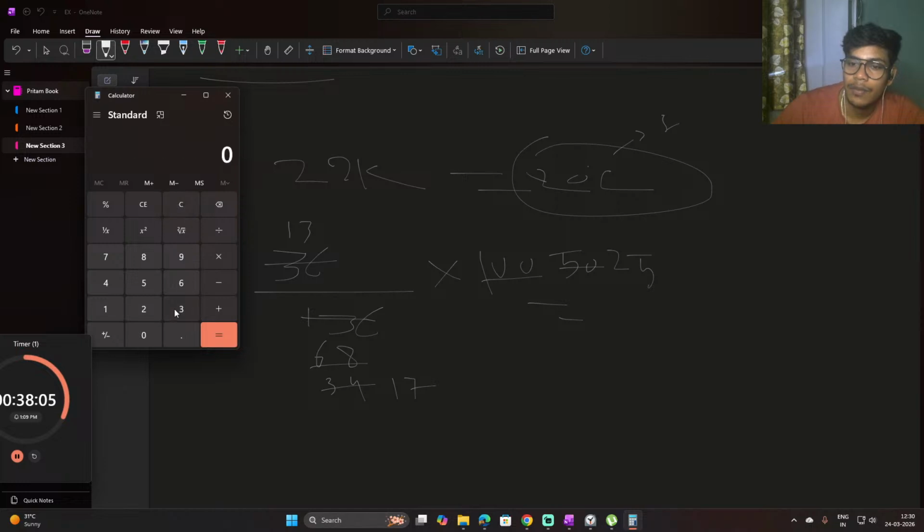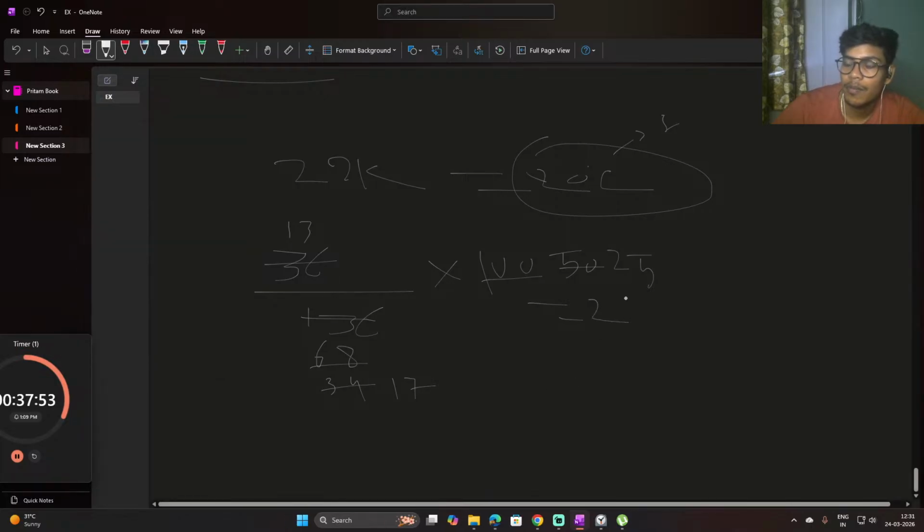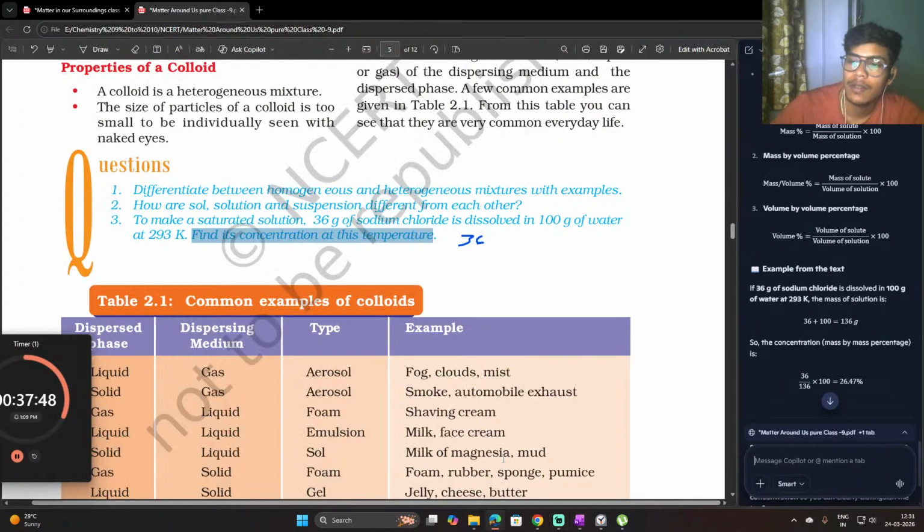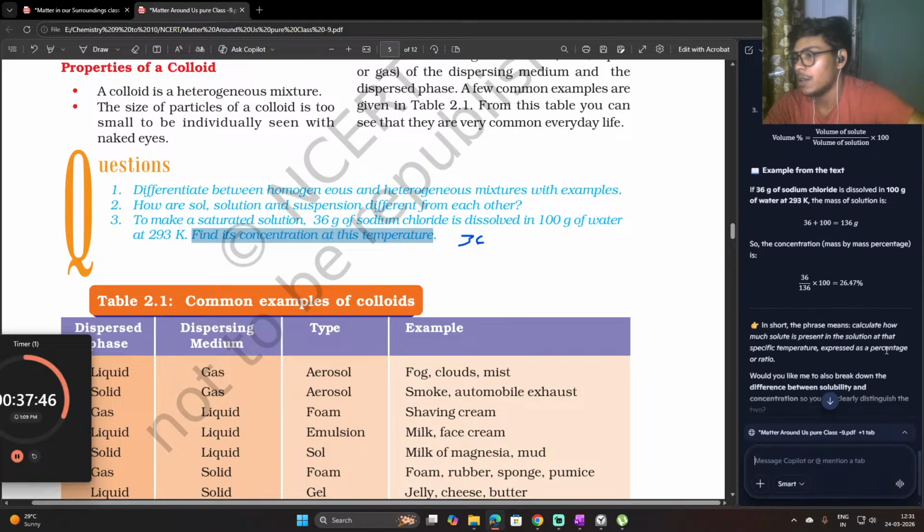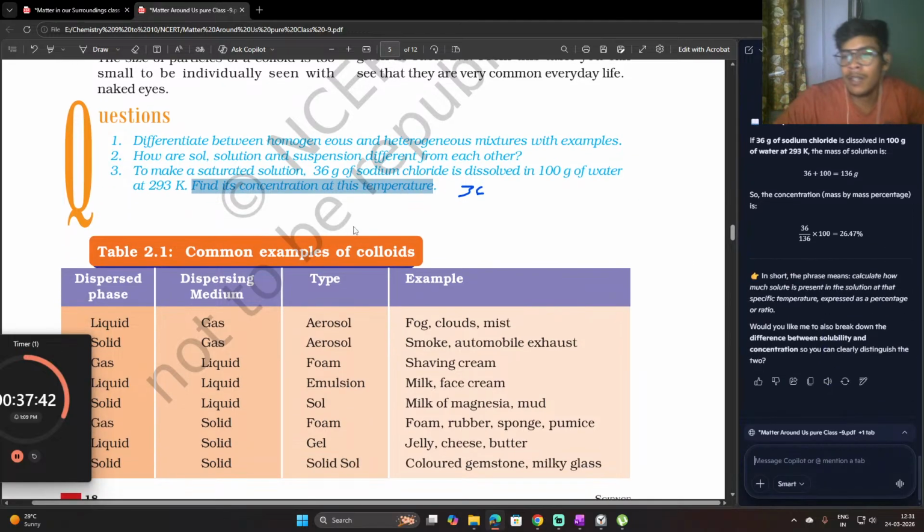But if we do 36 divided by 136 into 100, we get a different answer, 26.47. Approximately 26.47 is the right answer. So there is no need for this 20 here. This is just shown and just to scare you.